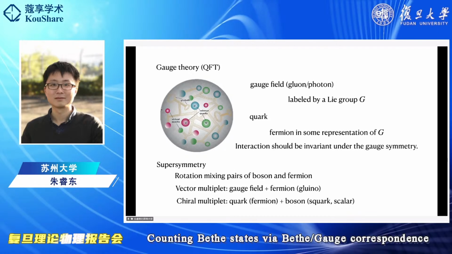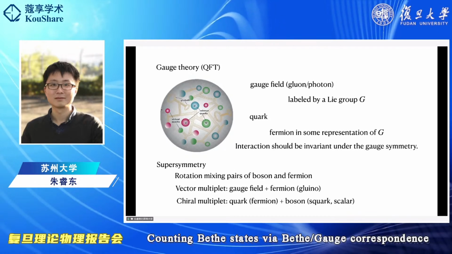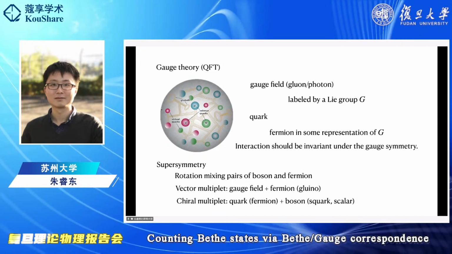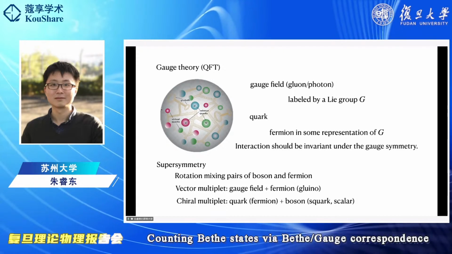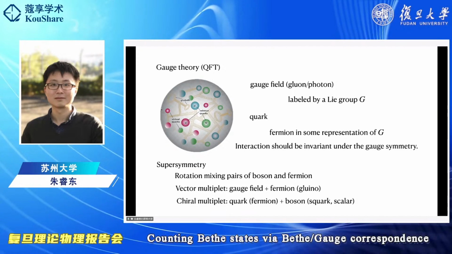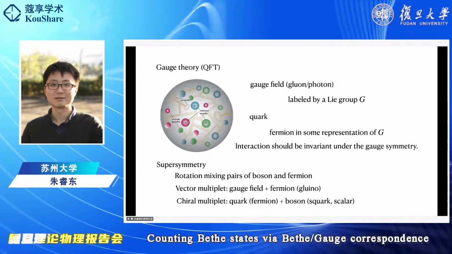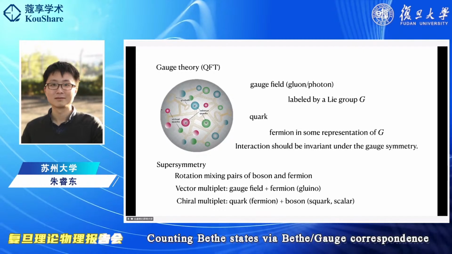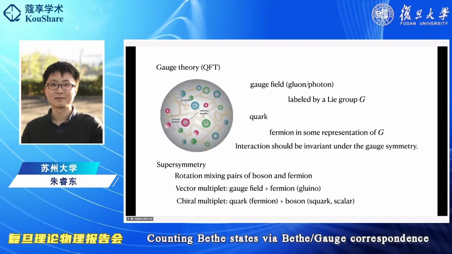So we will begin with the gauge theory, a special quantum field theory with gauge symmetry. In this theory, it's usually first labeled by a gauge group. Usually we choose a Lie group G, and it gives us the gauge field, which in physics we call a gluon or photon.